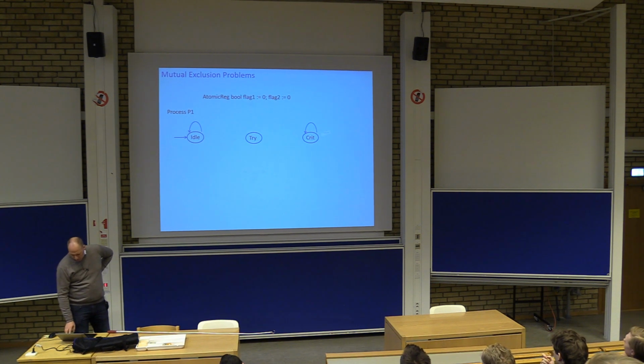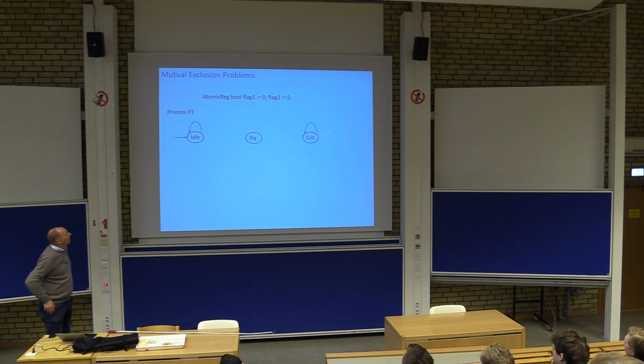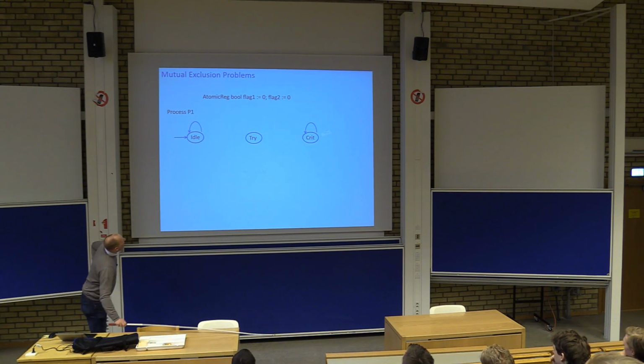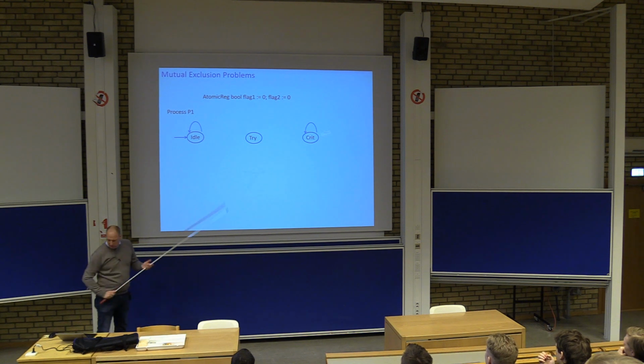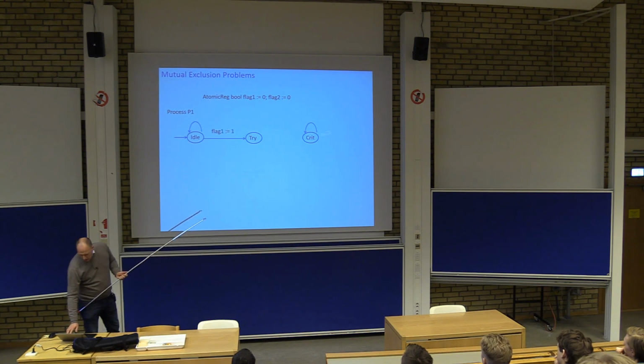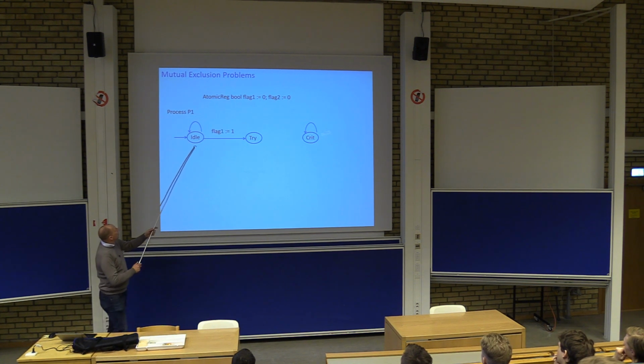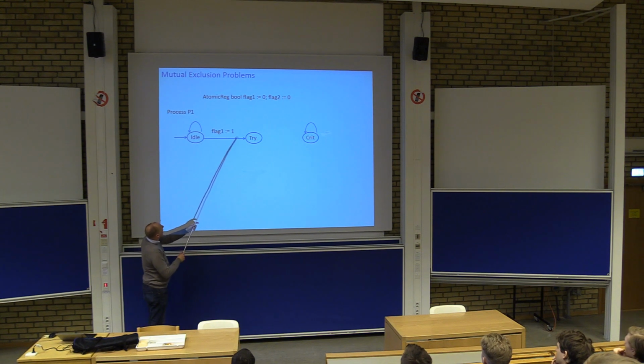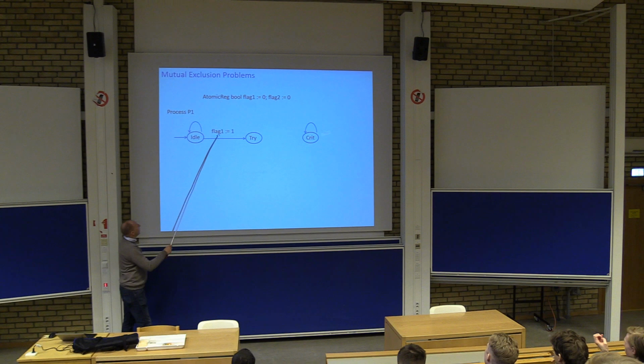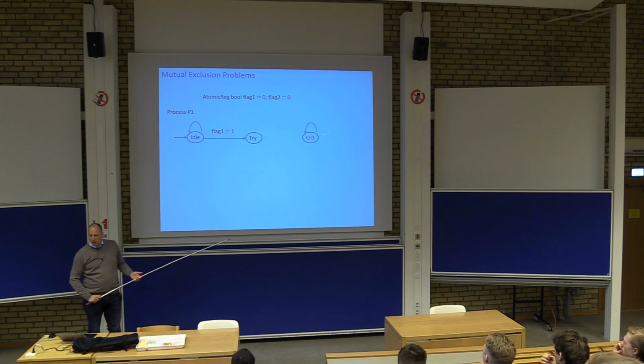So we could, for example, think about using two flags here, flag 1 and flag 2 for each process. And then when we are about to try to enter the critical region, we set flag 1 to 1.